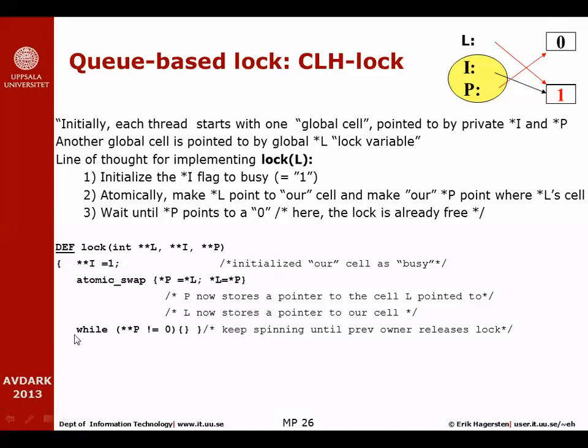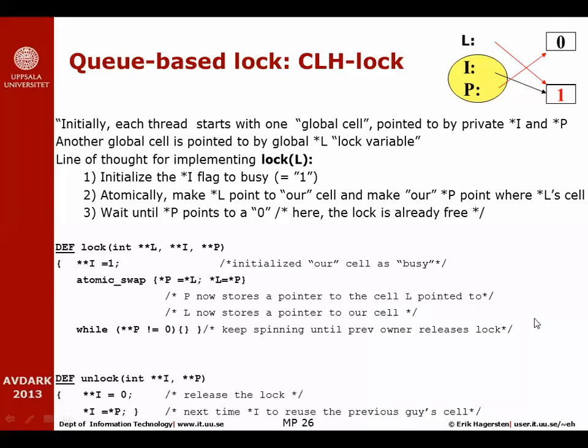And then we say, while whatever P is pointing to is not 0, keep spinning. Okay, so that's the acquire lock. So this is 3 lines of code, and it's hard for me to figure out what's going on here. I still always have to write these kind of comments to figure out what's going on.